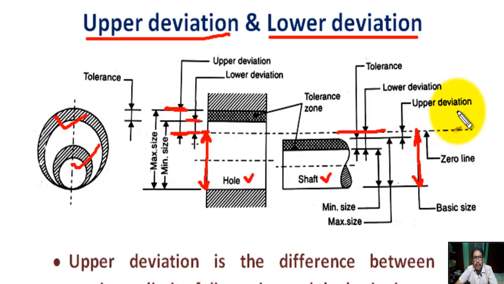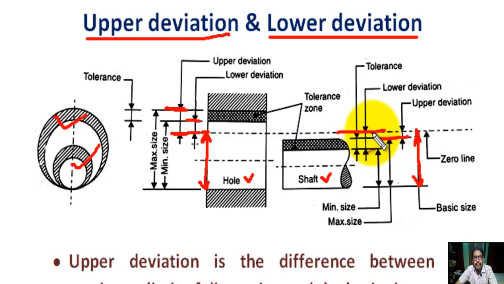Now, upper deviation for shaft, this is the difference between basic size and maximum size. This is basic size, this is maximum size.